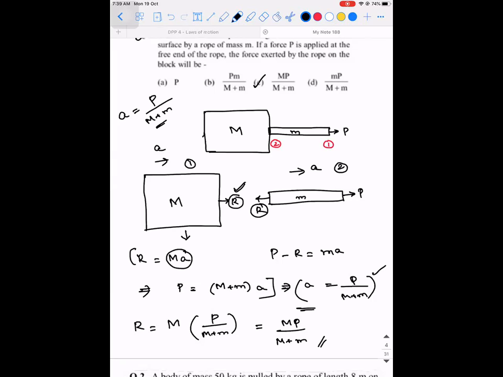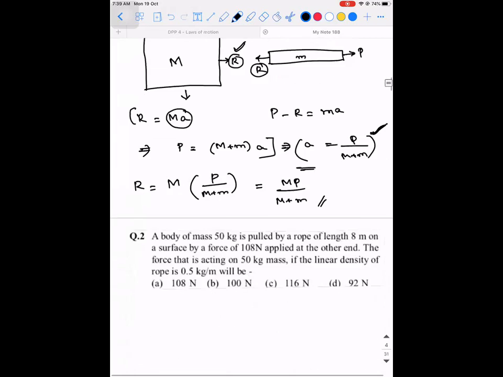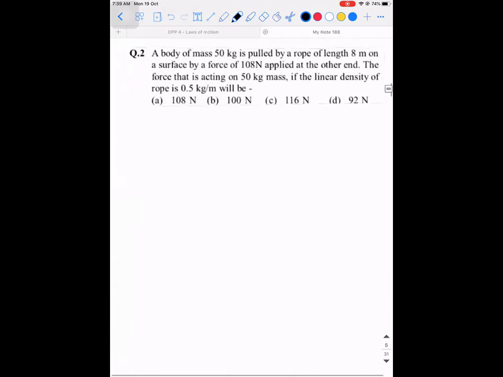What you could have done in the exam is directly take the acceleration and multiply the bigger block's mass, capital M, with the acceleration, and you will get the answer. Is that clear? So try to solve the next one.